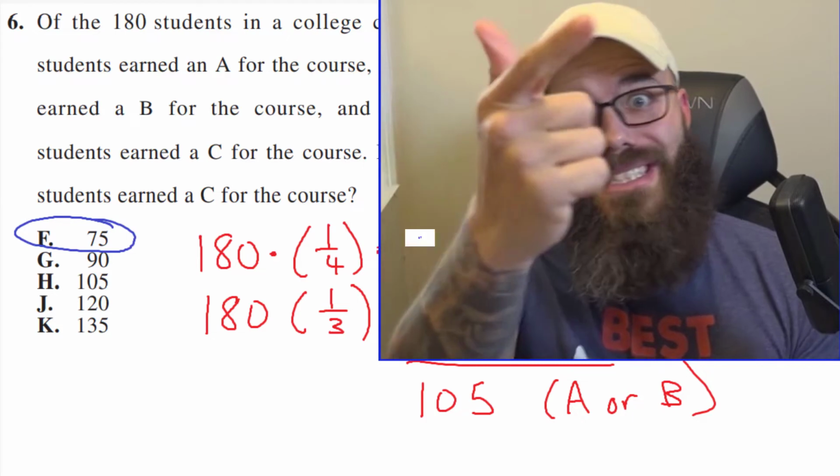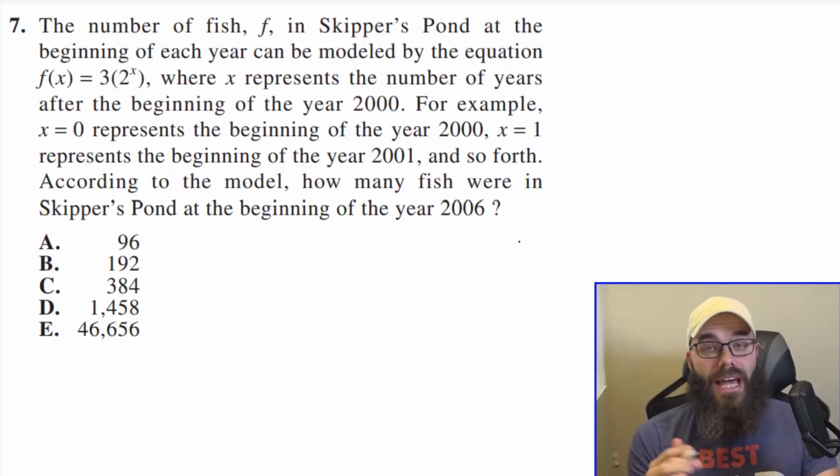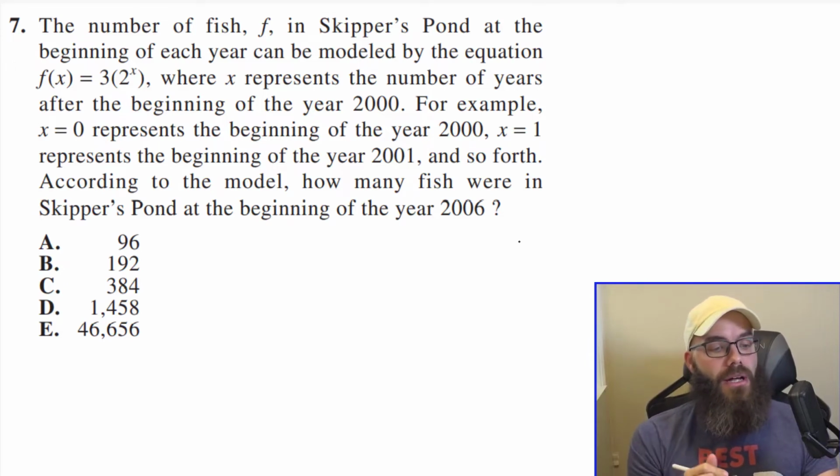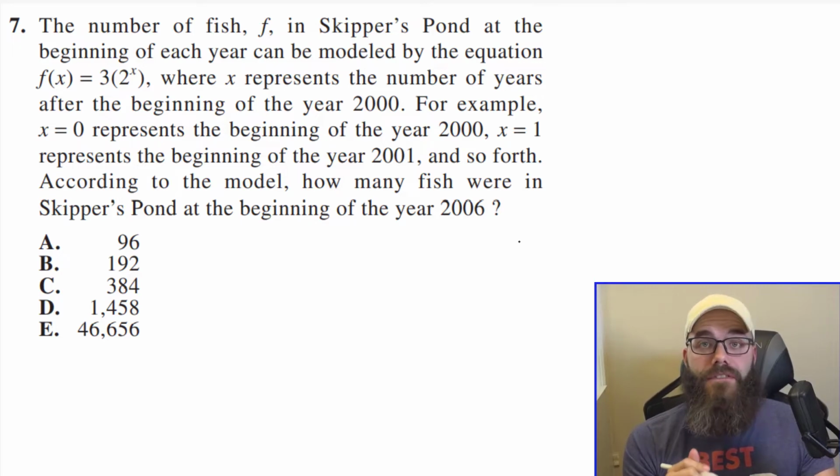All right, on to number 7. Ooh, that's a lot of reading. Some of the time we saved in previous problems we might use here reading. The number of fish, F represents the number of fish, in Skipper's Pond at the beginning of each year can be modeled by the equation f of x is equal to 3 times 2 to the x power, where x represents the number of years after the beginning of the year 2000.